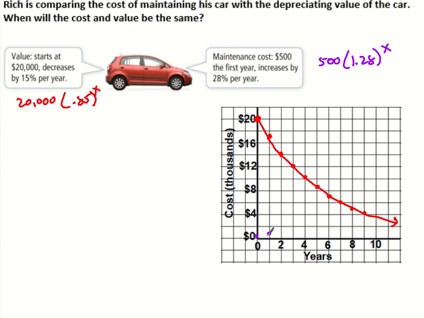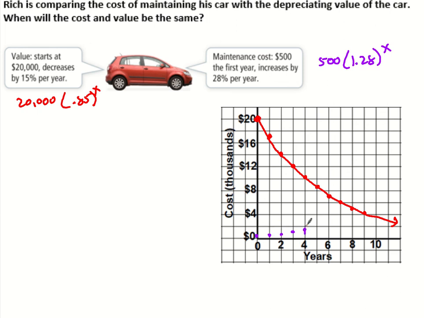And then we keep multiplying that by 1.28. After 2 years, we're at $800. After 3 years, 1,000. So we're still going up. I forgot it was counted by 2, so after 3 years we're at 1,000, and we're only about halfway. So we're still staying super low.